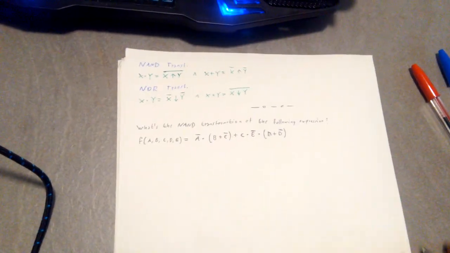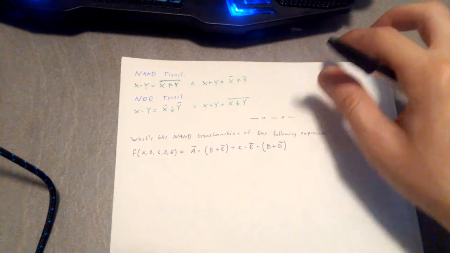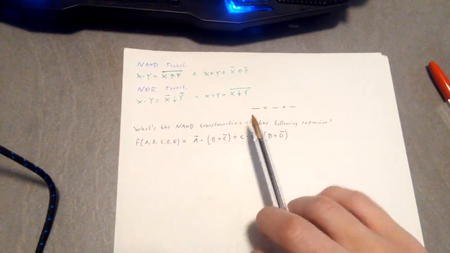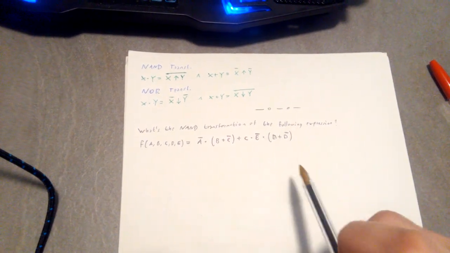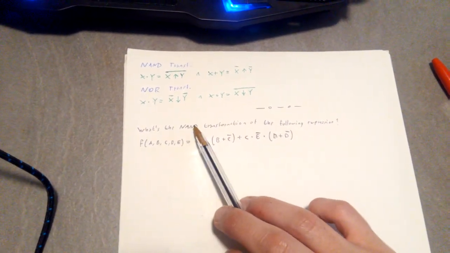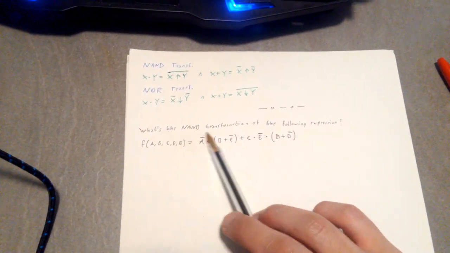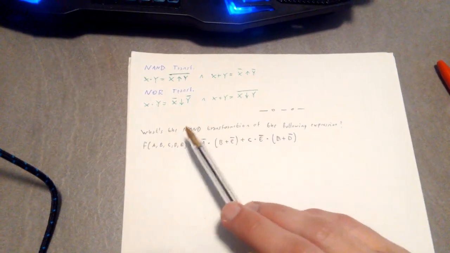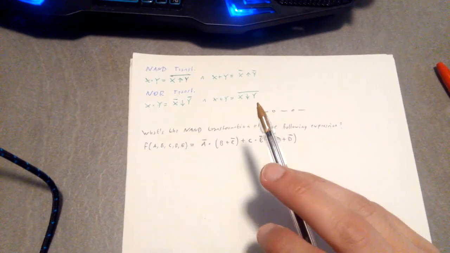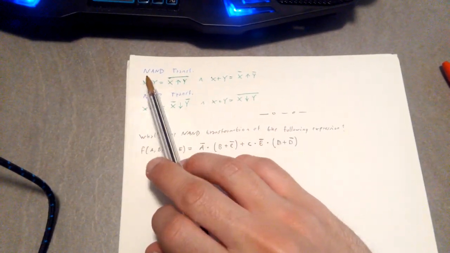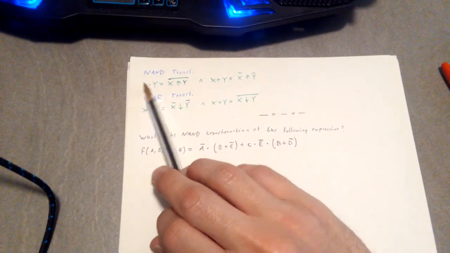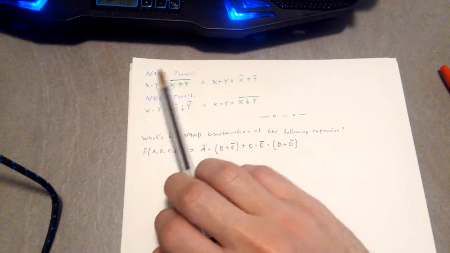Here we can see that we have both of them, and we don't want that. We want everything to be NAND, with a single kind of gate. So what do we do? Well, it's a NAND transformation, so we know that we can use those two properties, okay?